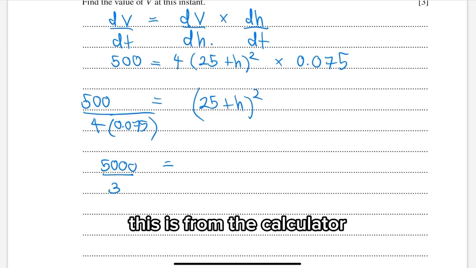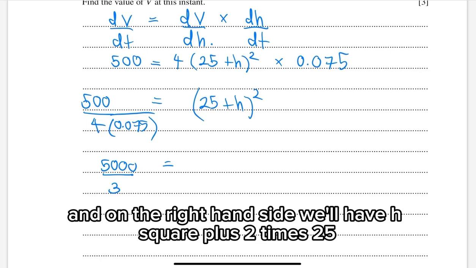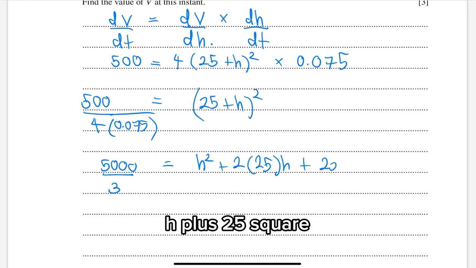This is from the calculator, and on the right hand side we'll have h squared plus 2 times 25 h plus 25 squared, right?